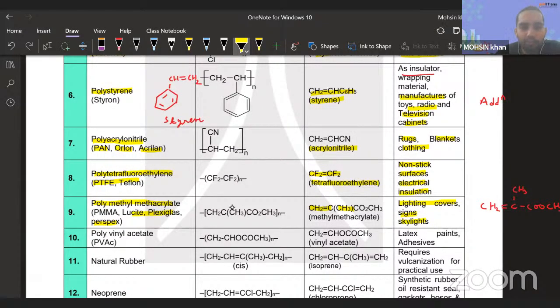Next, we have polyvinyl acetate. All these polymers are in the category of addition polymerization. PAN is also addition, PTFE is also addition, PMMA is also addition.